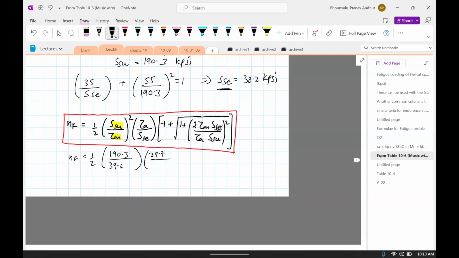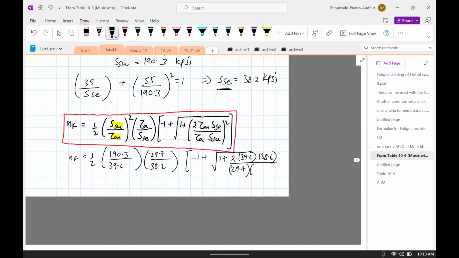SSE, we just computed that, 38.2, minus 1, plus 2 times tau m, which is 39.6. SSE is 38.2. Tau A is 29.7.